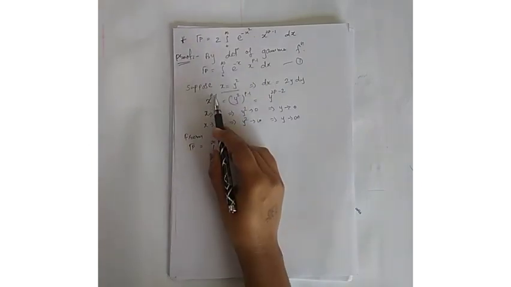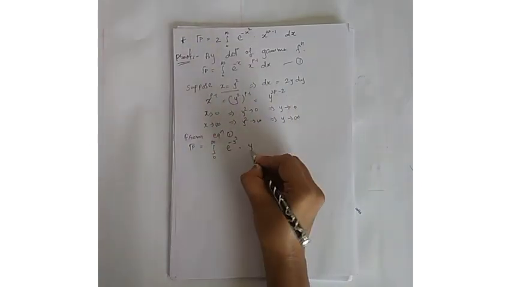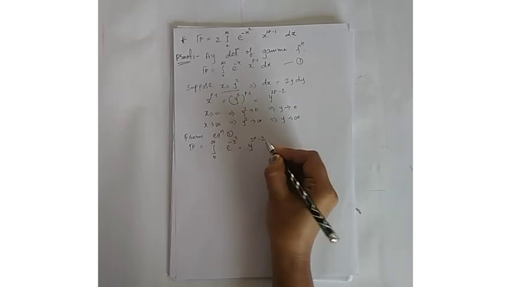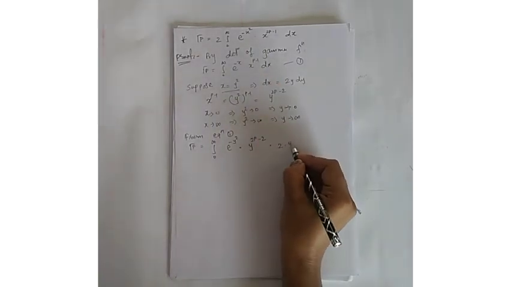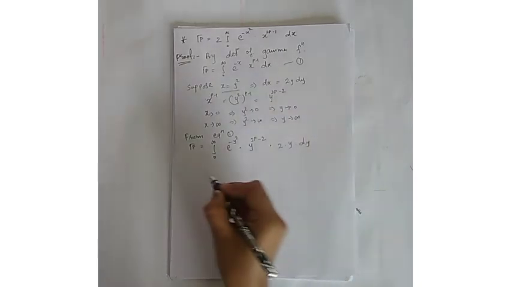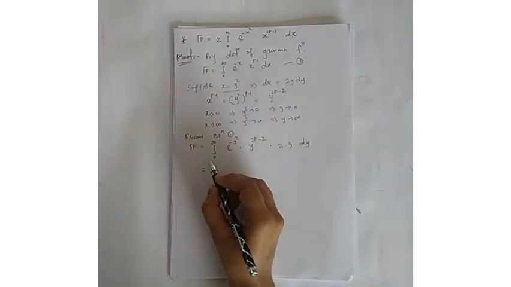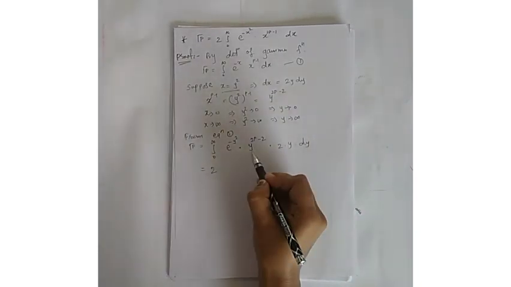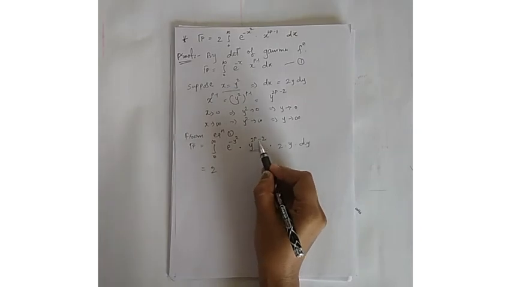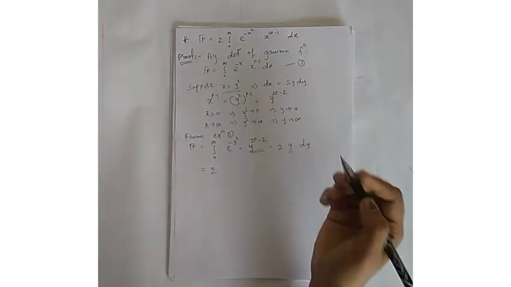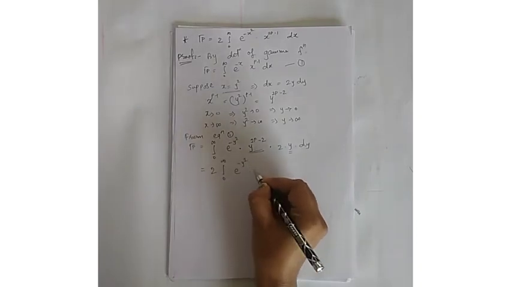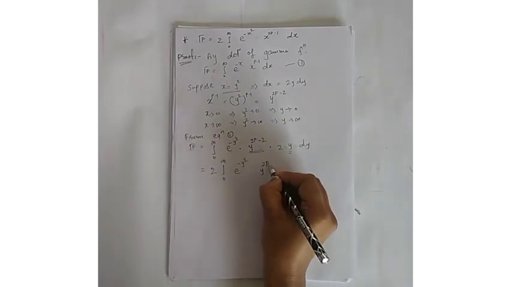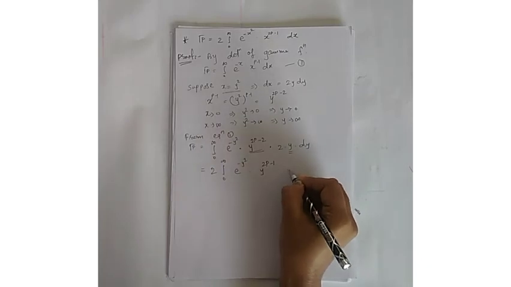The value of x raised to p minus 1 is y raised to 2p minus 2, dx. dx is 2 into y into dy. So taking 2 outside of this integral, and y raised to 2p minus 2 into y gives e raised to minus y square into y raised to 2p minus 1 into dy.